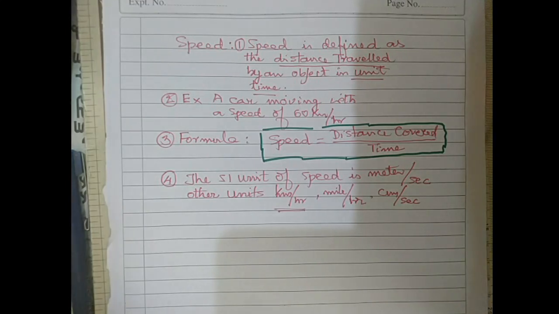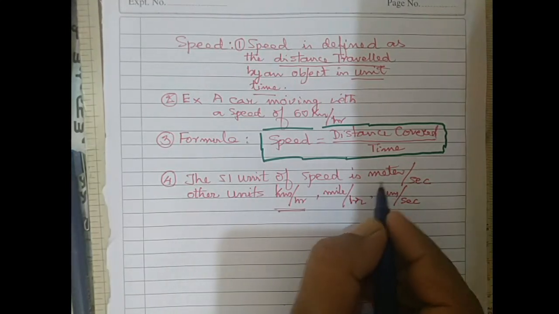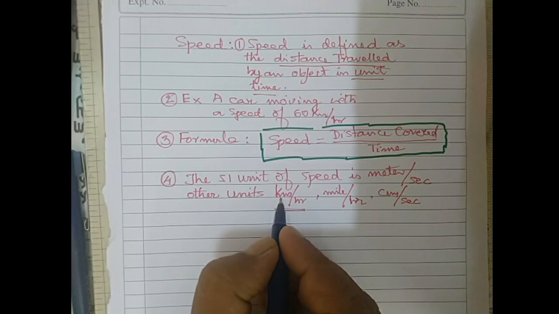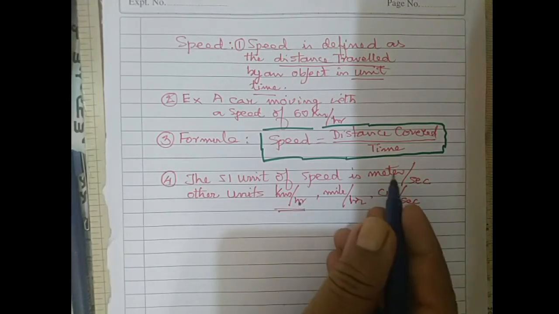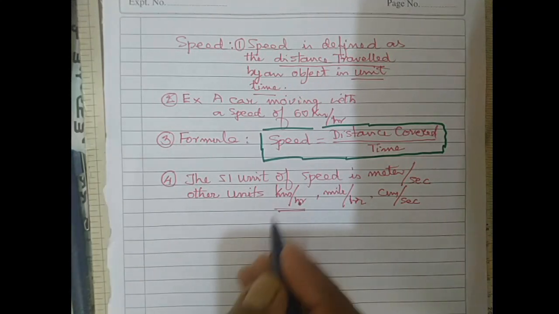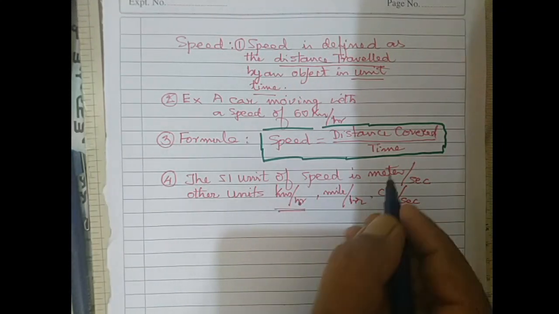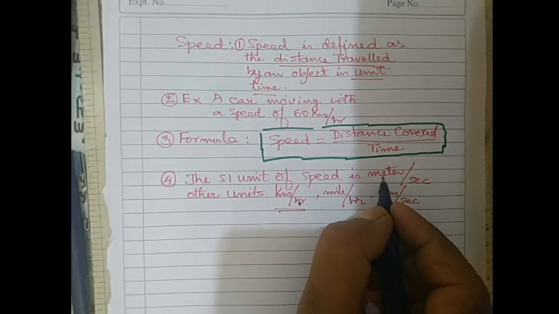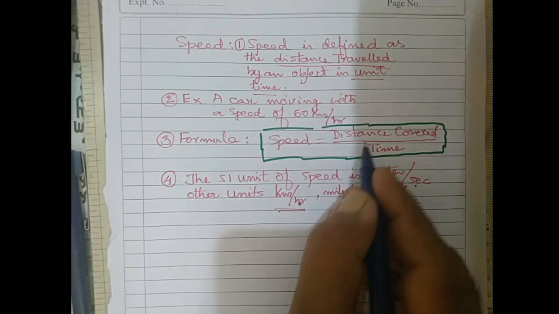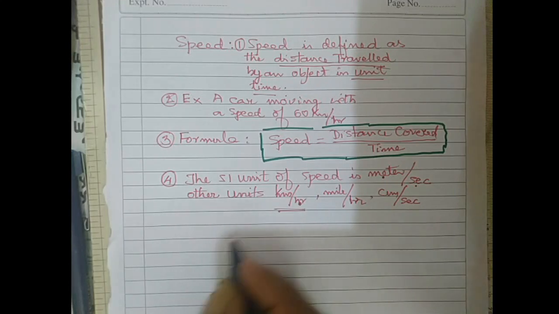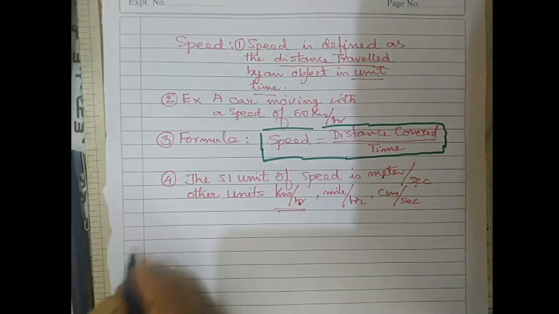The only thing you have to remember is that in the numerator the unit of the distance has to come, whereas in the denominator the unit of the time has to come. Whatever the units may be, in the numerator the unit of the distance, in the denominator the unit of the time, because the formula is distance by time.